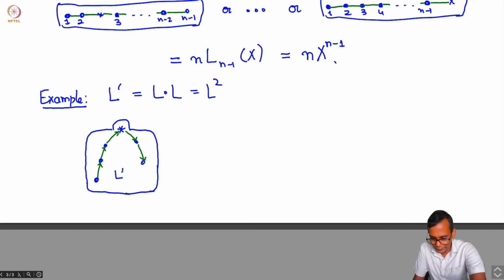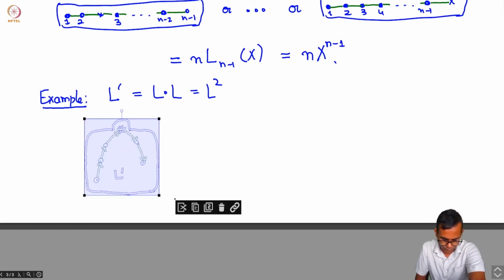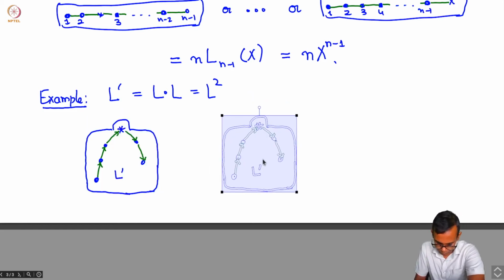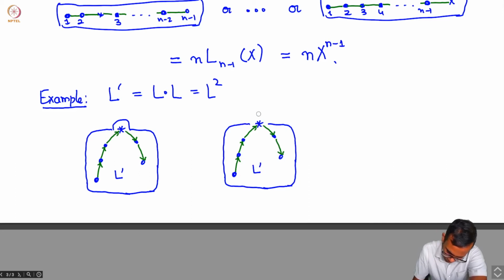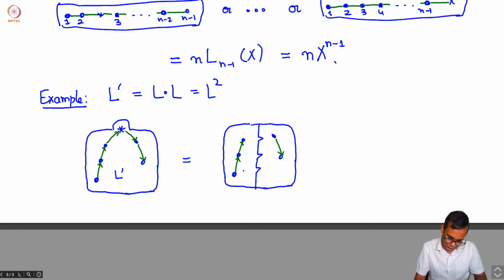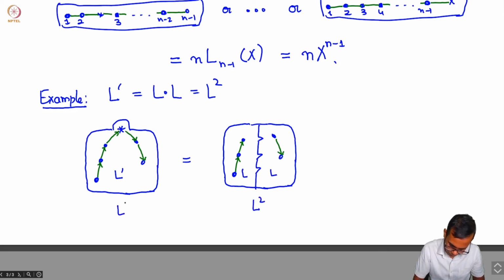But now if I take this and remove the star, what am I left with? Well, I have the set which is divided into two parts, a first part and a second part, and on each part I have an L structure. So this is the same as L squared. So L prime is equal to L squared.